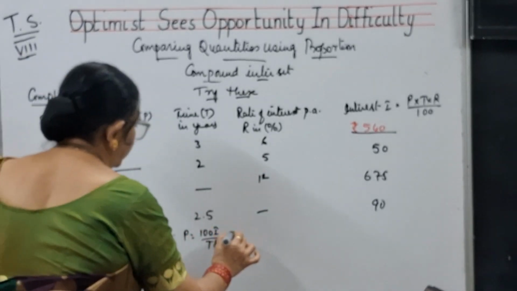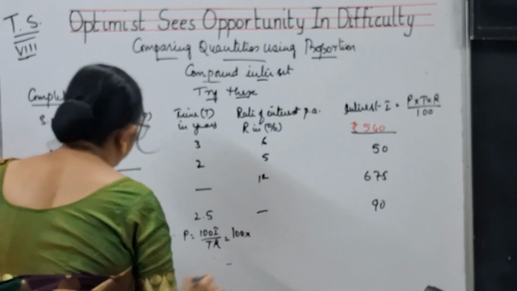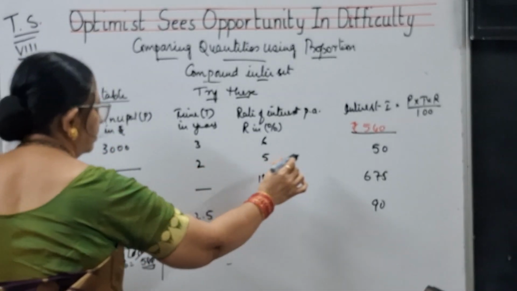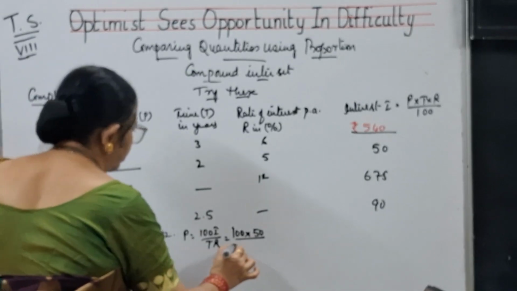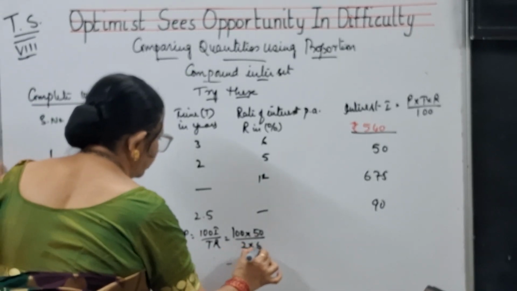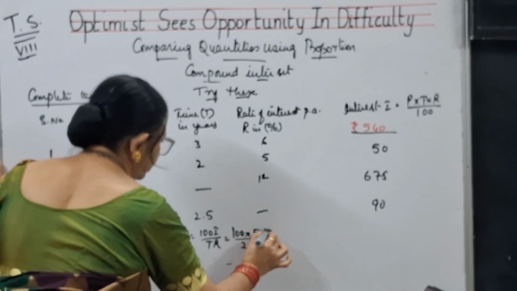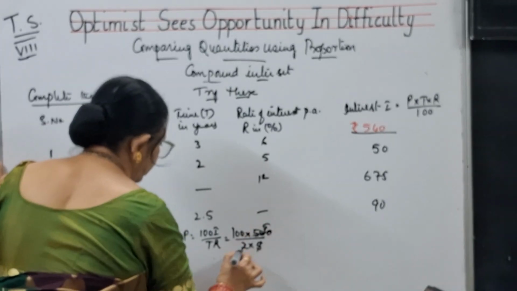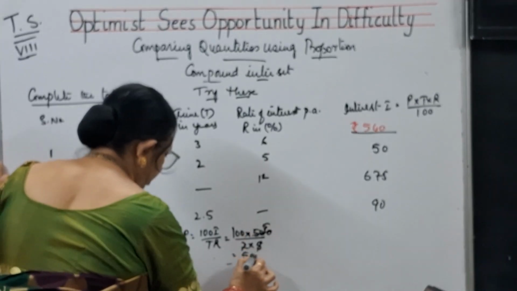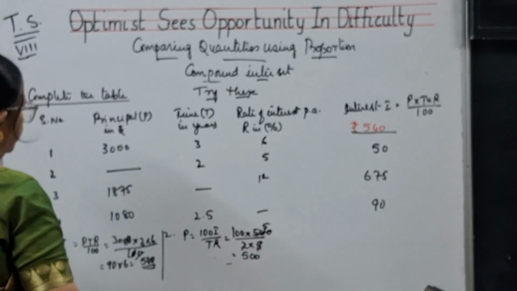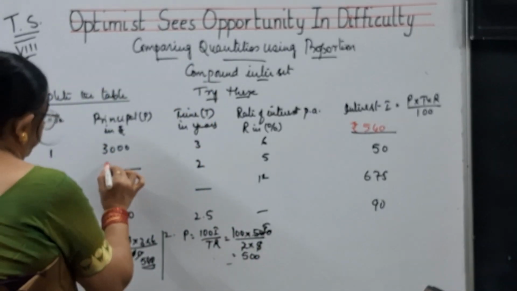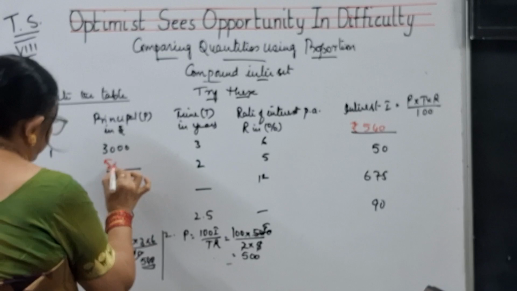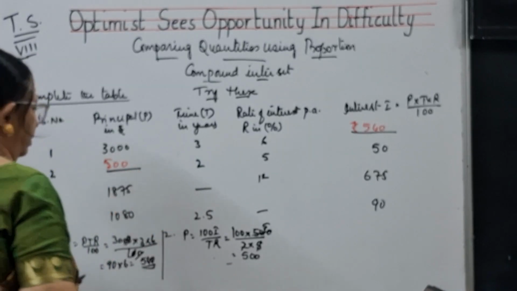So 100 into I, interest is 50, by time 2 into R, 5. 5 ones are 5, 5 tens are 50, divided by 2 fives are 10, that is 500 rupees. So principal here is rupees 500.